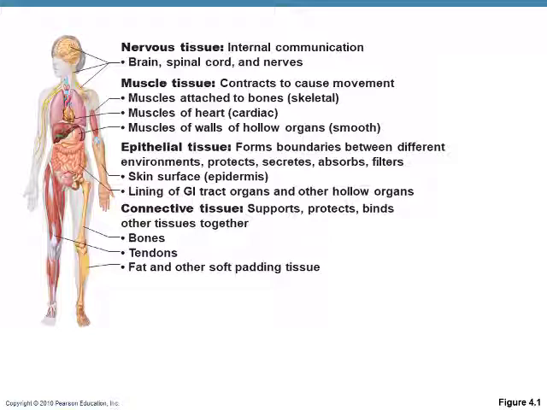Muscle tissue. There are 3 types of muscle tissues in the body: skeletal muscle tissue, cardiac muscle tissue, and smooth muscle tissue. Skeletal muscle tissue forms the skeletal muscles. And skeletal muscles, where you will find the skeletal muscles? Attached to the skeleton.